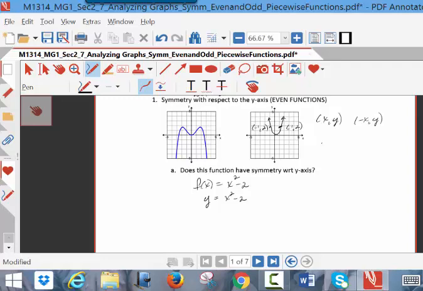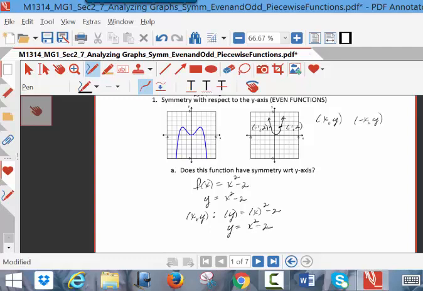Both the x, y coordinate and the negative x, y coordinate have to satisfy this equation for it to have symmetry with respect to the y-axis. So the way you check that is you say, okay, the point x, y gives the equation, really y replaced by y and x replaced by x, and there's no difference in the equation.